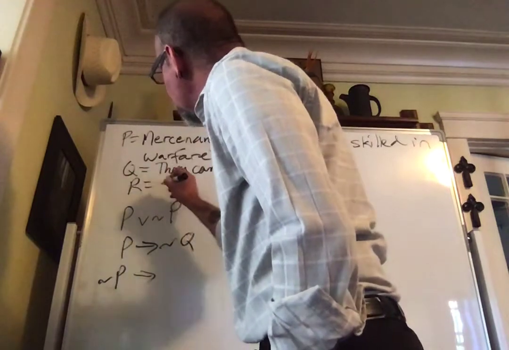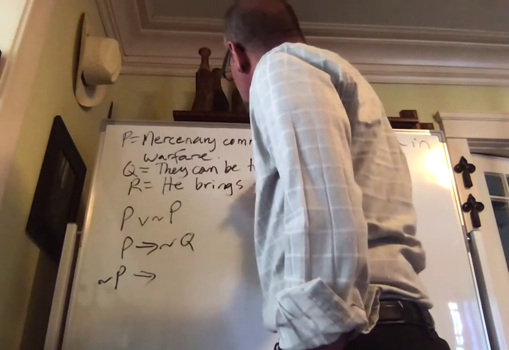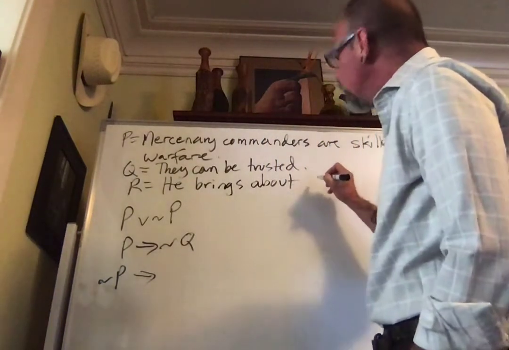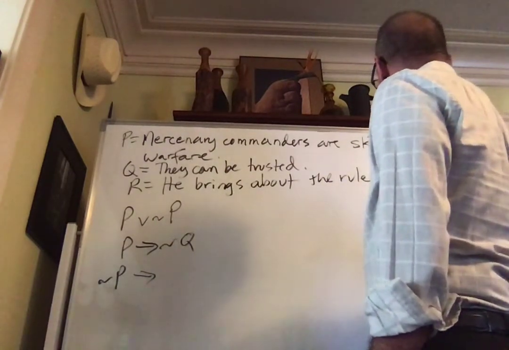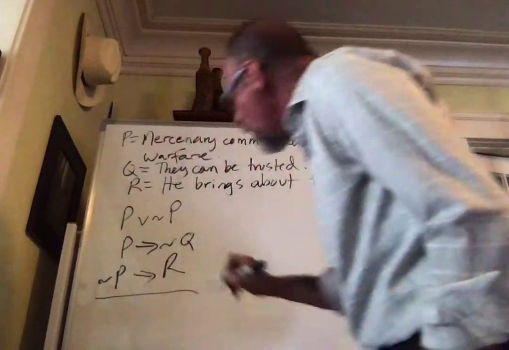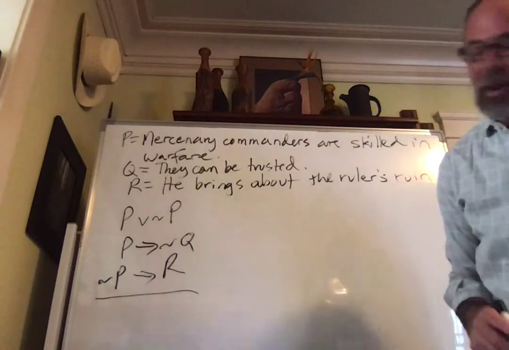And we'll need a new variable for that. Instead of your, I think I'll say the rulers in my variable assignment. All right, so these are the premises of the argument in number 8.